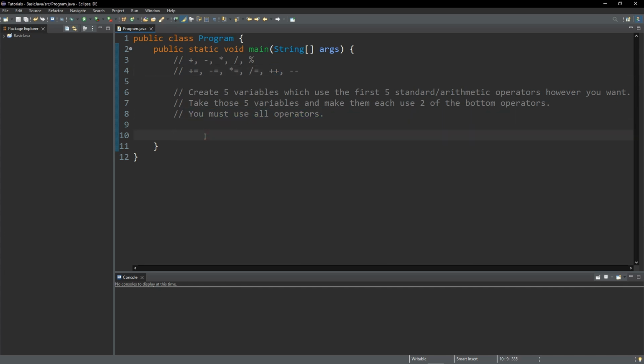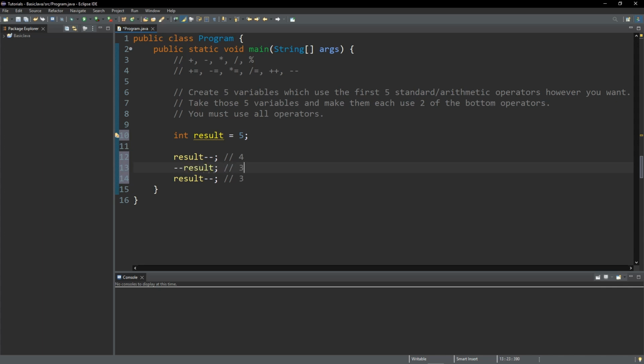Now, one thing I forgot to go over before was minus minus, so let's do that really quick. So int result equals 5, result minus minus will give us now 4. If we do it again, it'll give us now 3. It does the same thing as plus plus, except the opposite. And the same applies to minus minus result.